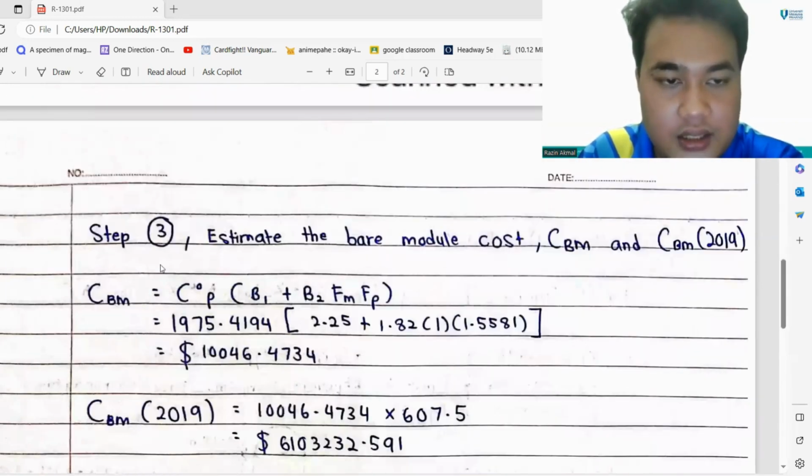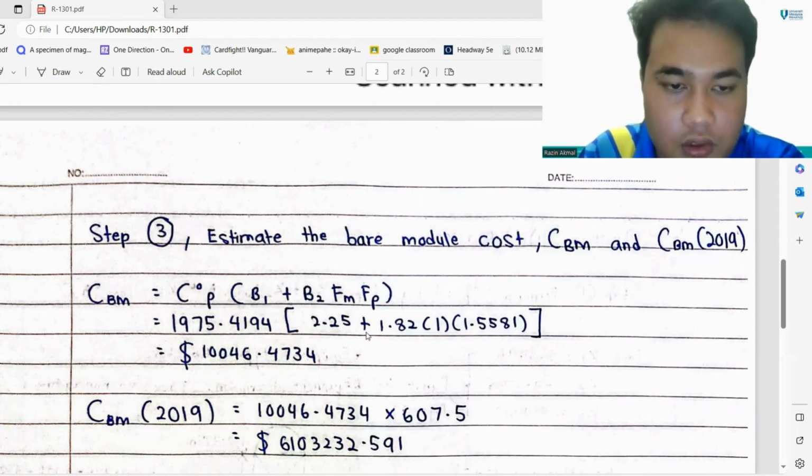And lastly, we get the bare module cost, CBM, and CBM 2019. For the CBM, we calculate C0P multiplied by in brackets B1 plus B2 FM, multiplied by FP. We calculate it together and get the answer 10046.4734.